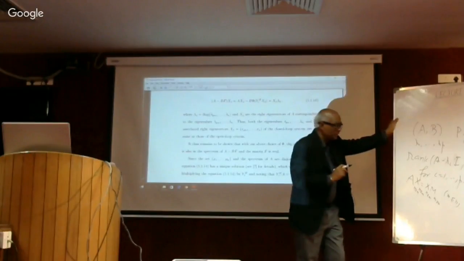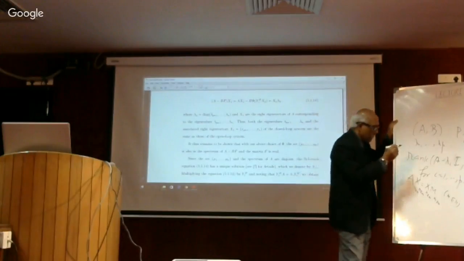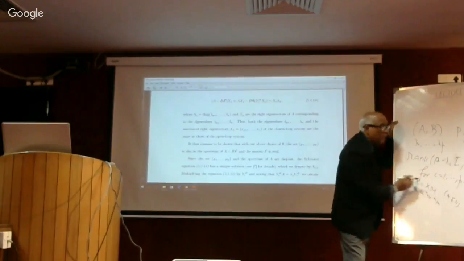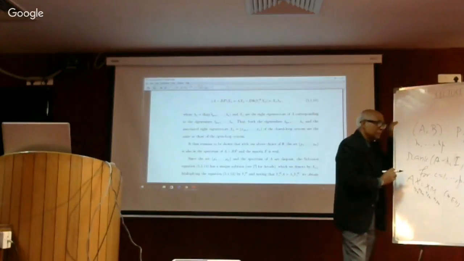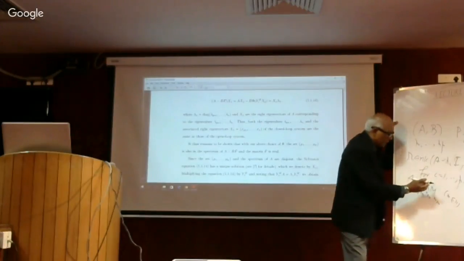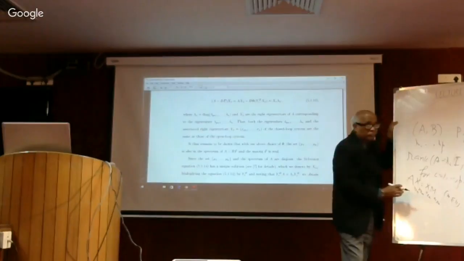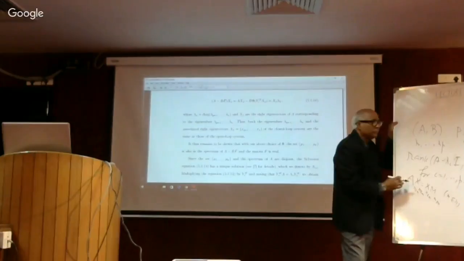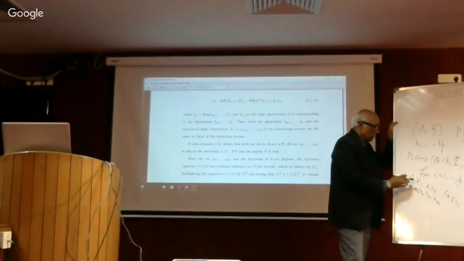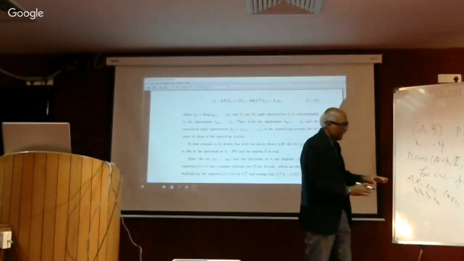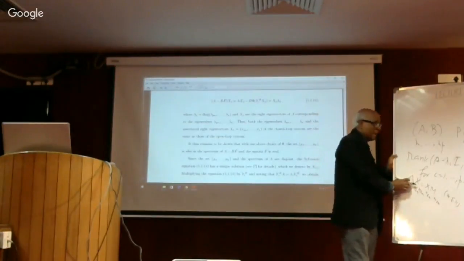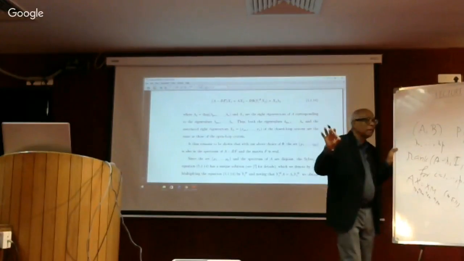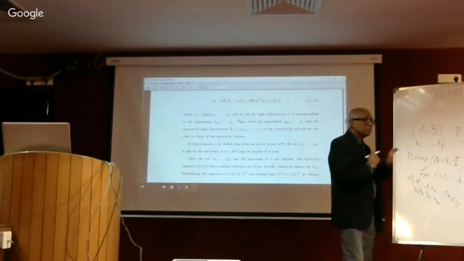But it can be shown, very interesting, that if I am given a matrix A and M, and I can construct X so that this will happen, that means that m eigenvalues of the matrix A will be the same as the m eigenvalues of the matrix M. We don't know about the remaining n minus m, but m eigenvalues are the same.